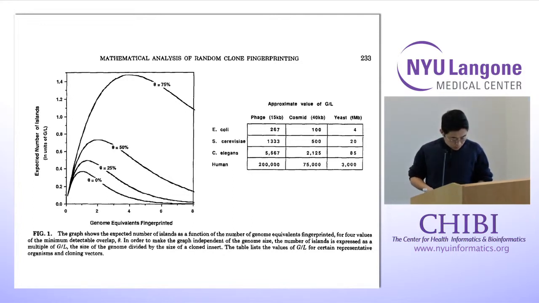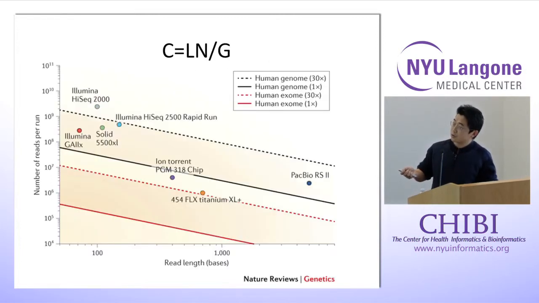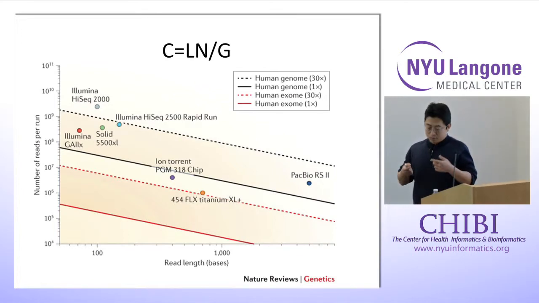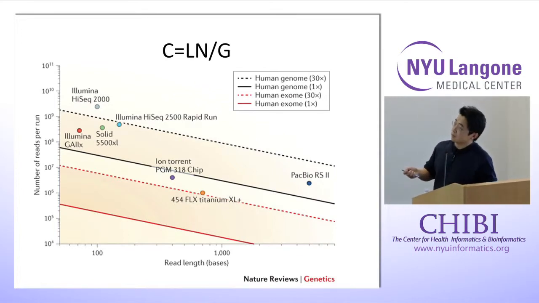They first used the notation of coverage in this form. Basic coverage is the length of the reads multiplied by the number of sequences and divided by the genome size.